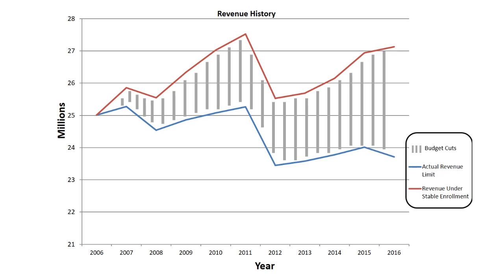So if we look at the graph, at 2006, we both started the same enrollment. And the upper red line indicates where we would be today if we had the same enrollment. The bottom line is where our revenues are currently. The area that I have shaded underneath is the example of where we have cut the budget to balance our shortfall in revenues.